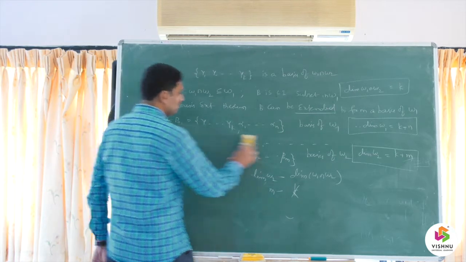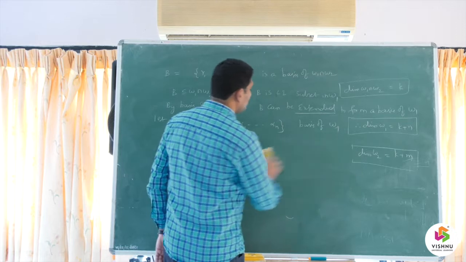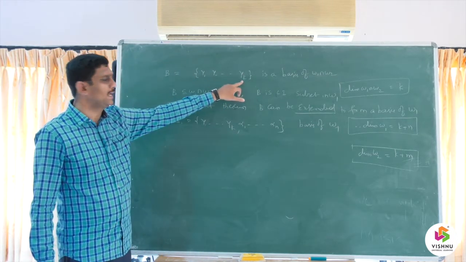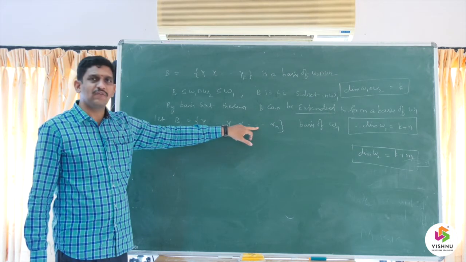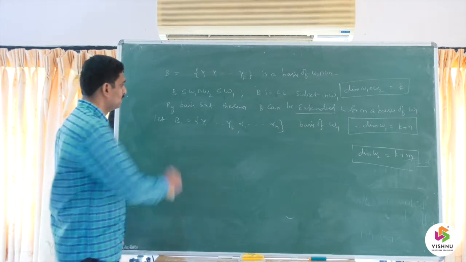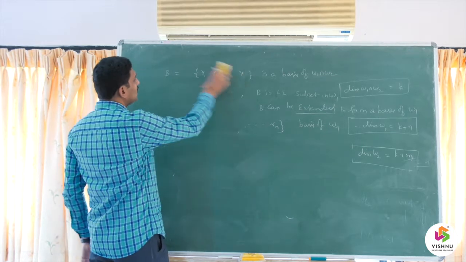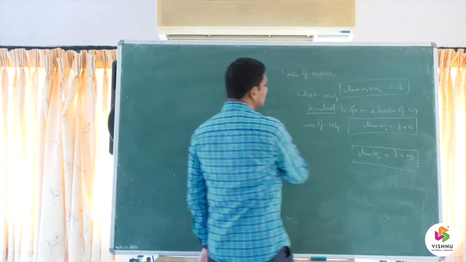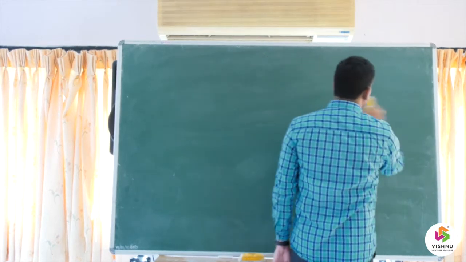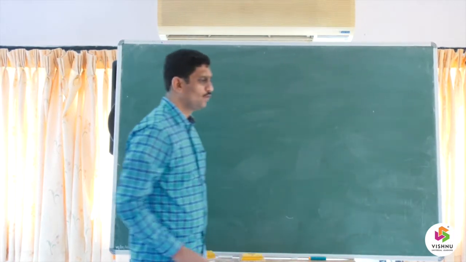Now check what I will do. If you observe that gammas are k in number, alphas are n in number and also betas are m in number. So I will write all the three variations in a single set and I will prove that it will become a basis for W1 plus W2. Okay.